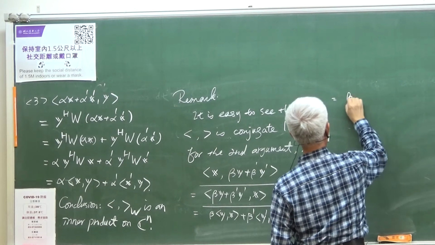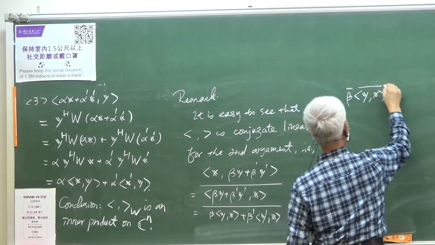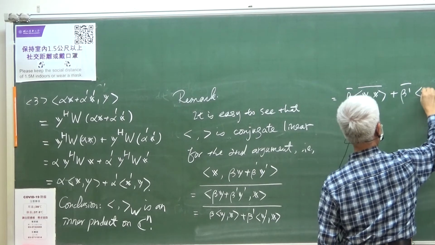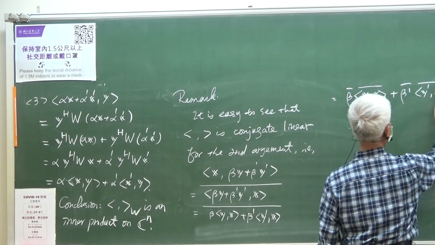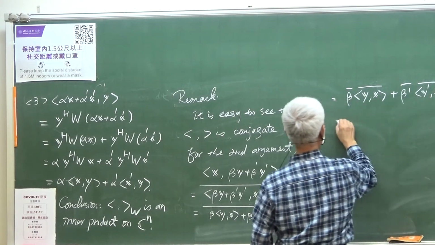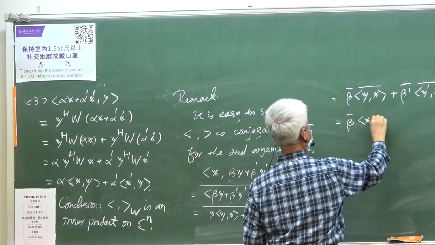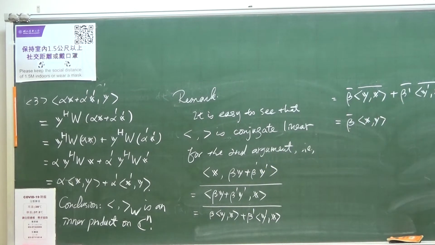And this is beta bar, y x bar plus beta bar, and the beta bar, again by the conjugate symmetric property, we can exchange the order of x and y.